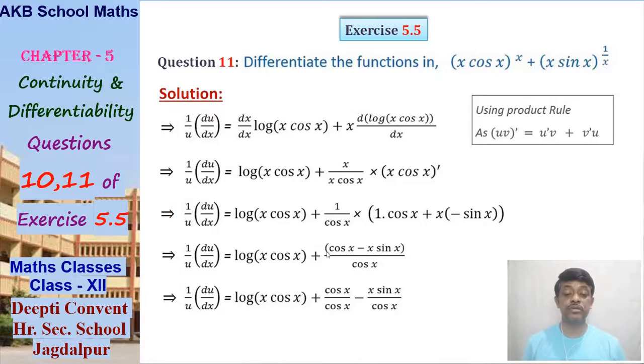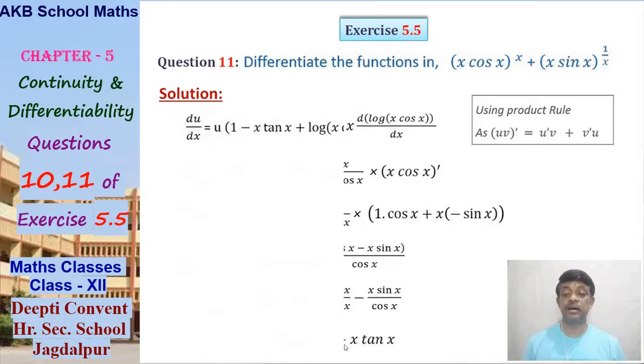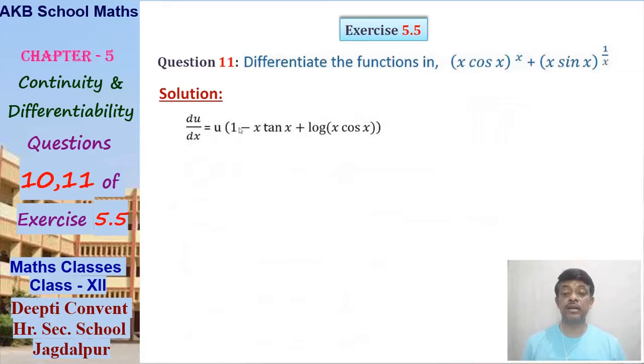Now distribute cos x in both: cos x by cos x minus x sin x by cos x. So here 1, here tan x. So we write like this, log (x cos x) plus 1 minus x tan x. Now transferring u to the right hand side as a product, 1 minus x tan x plus log (x cos x).